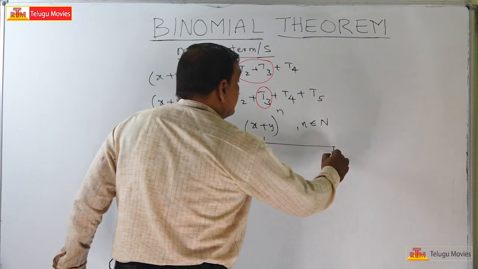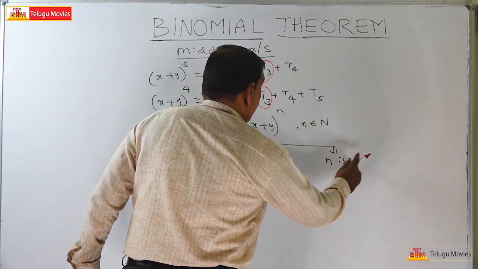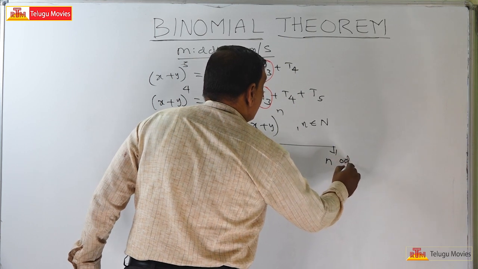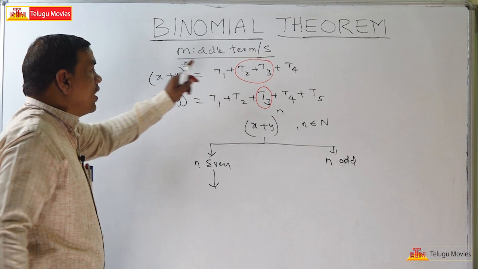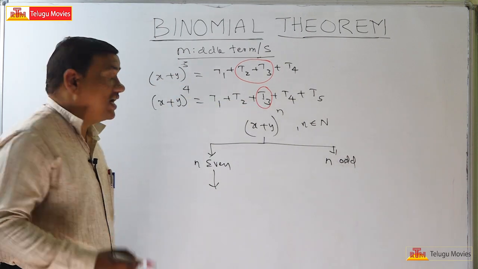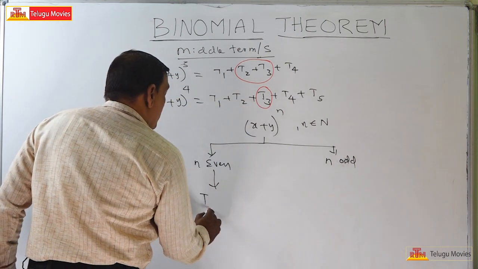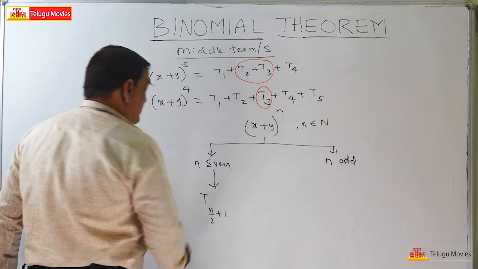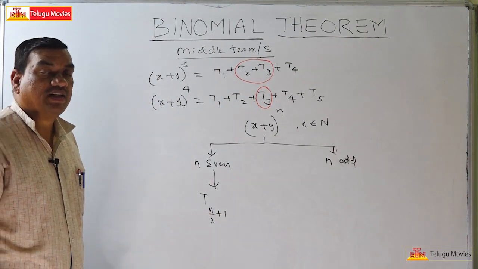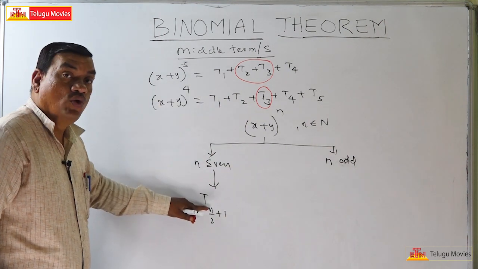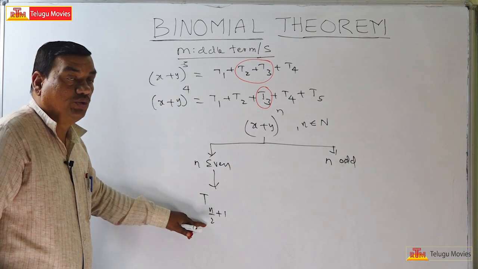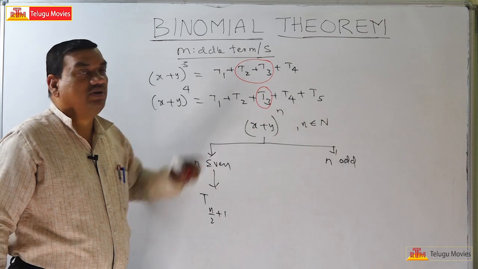The second case is n is odd. If n is even, you will get 1 and only 1 middle term, that is given by t of n by 2 plus 1. So in place of n, substitute 4: 4 by 2 is 2, 2 plus 1 is 3. The third term will be the middle term.